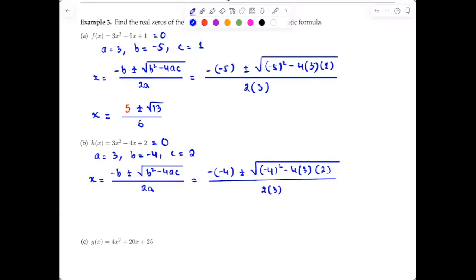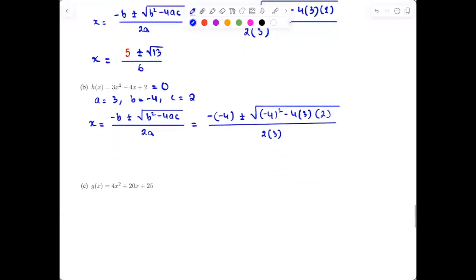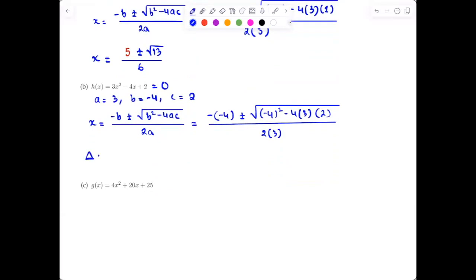So if you calculate the number under the square root, which is the discriminant, you should get negative 8. So in this case, the discriminant is negative 4 squared minus 4 times 3 times 2 and gives you negative 8, less than 0. Because of this, you can automatically conclude that there are no real solutions.